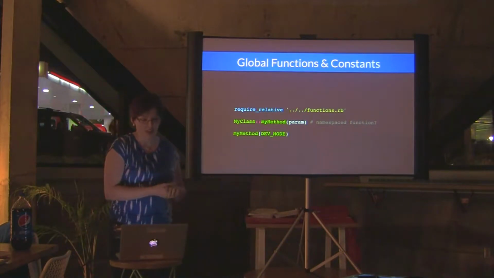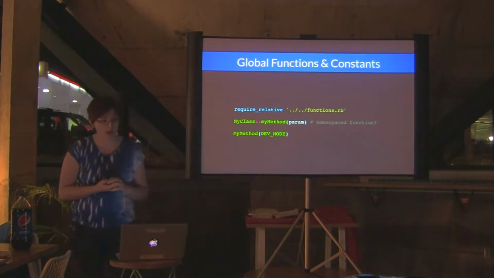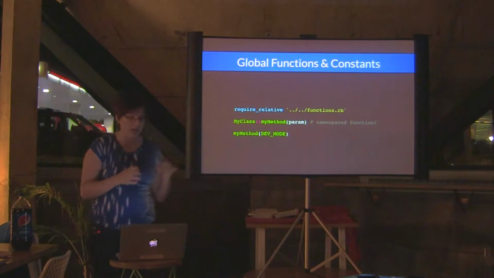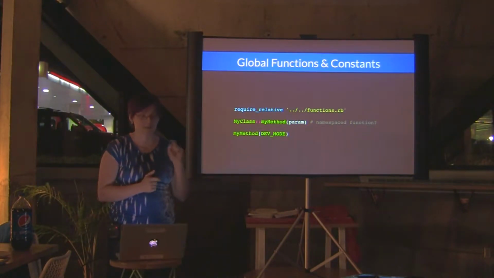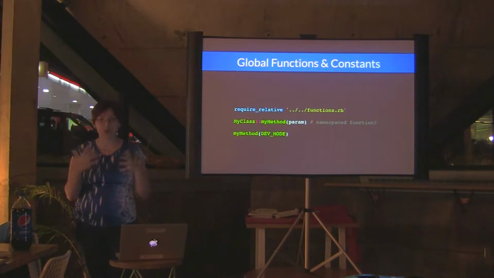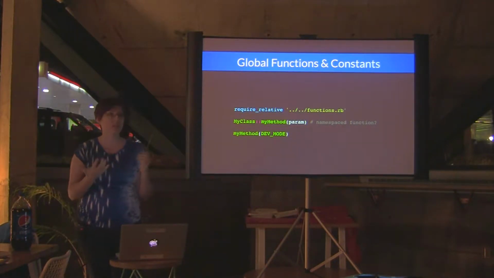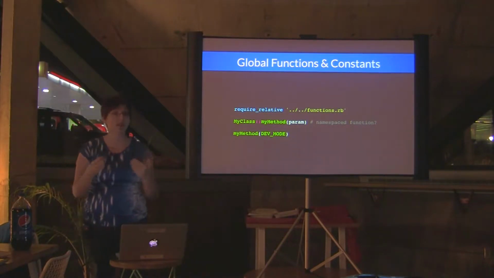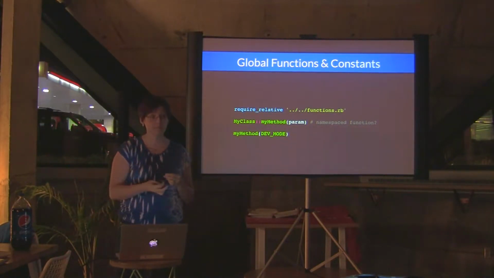It's okay. Or sometimes you have a call to a method, but then you have a dev mode. And here's an interesting thing about dev mode. When you have those global constants, you can get yourself really in trouble, especially if you're not configuring your environments correctly.